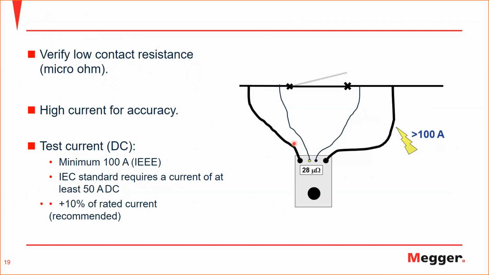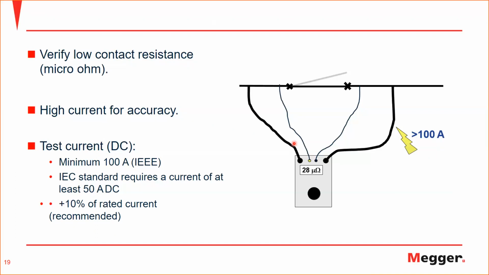test. But for GIS systems, it will be a little bit tricky, where you need to connect to your earthing links. And from that, you will not only measure the breaker contact resistance, but all the path from your earth link to the other end that you connect to.